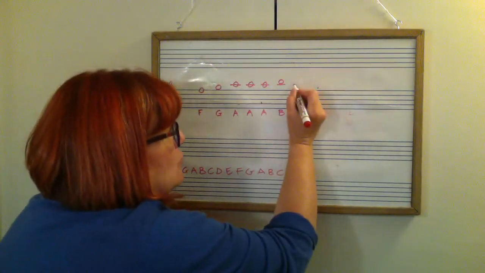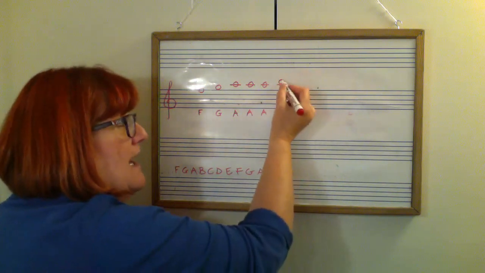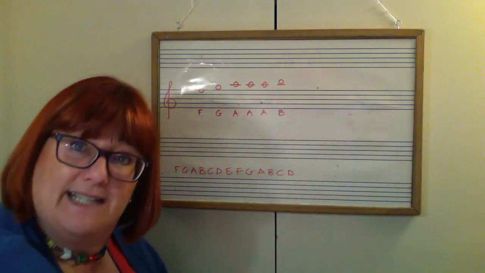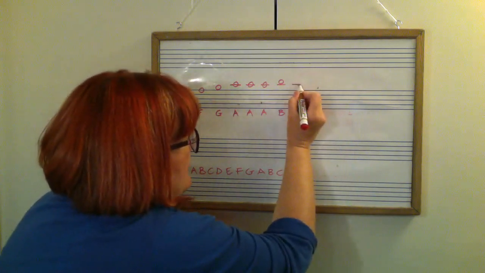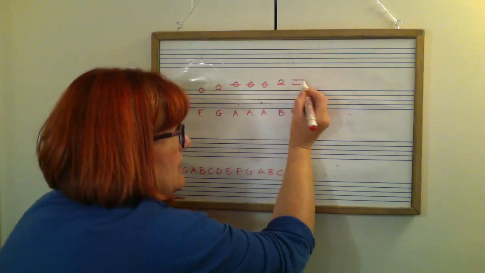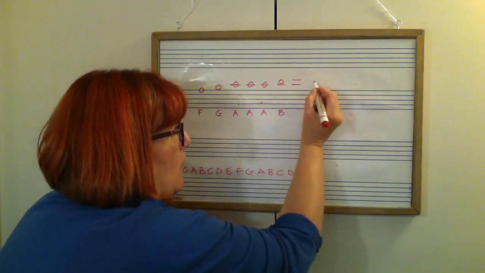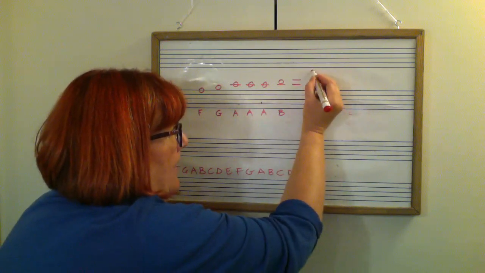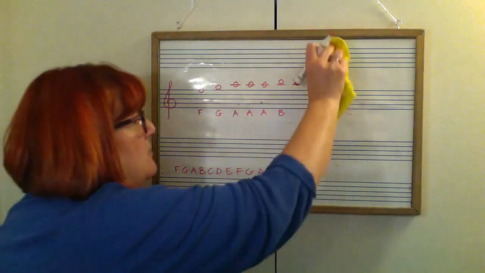But if we're going to draw a C on top of that, we know C comes after B. If B is a space, C must be a line. So we draw another ledger line. We leave a space. We draw another ledger line. So can you see that all the lines are the same distance apart? We don't do one here, then another one there, because that would get very untidy and it would be very difficult to read.